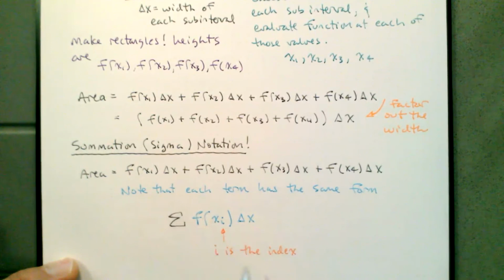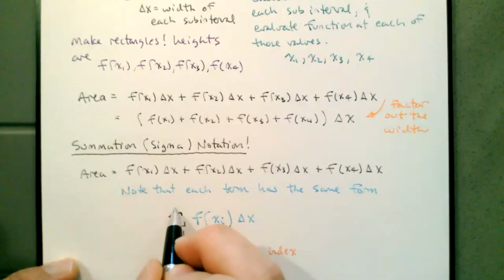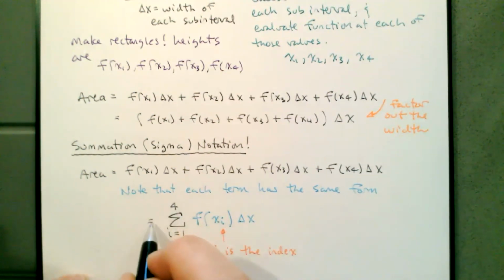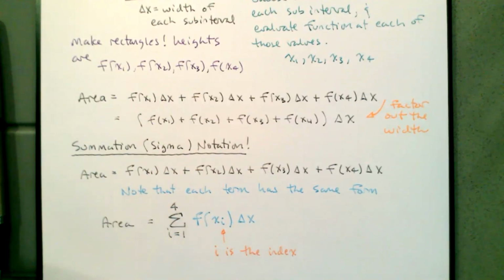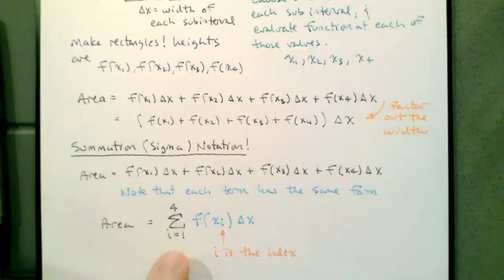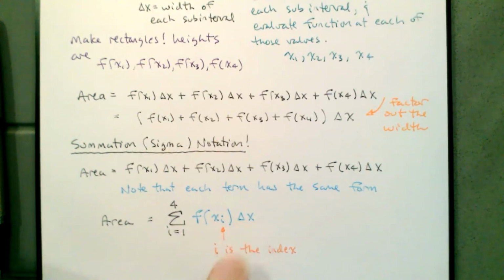So we use a capital sigma, and then we tell what values of the index to use. i starts off at 1 and ends at 4. So this is how sigma notation works. The sigma means find the sum as i goes from 1 to 4 of f at xi times delta x.